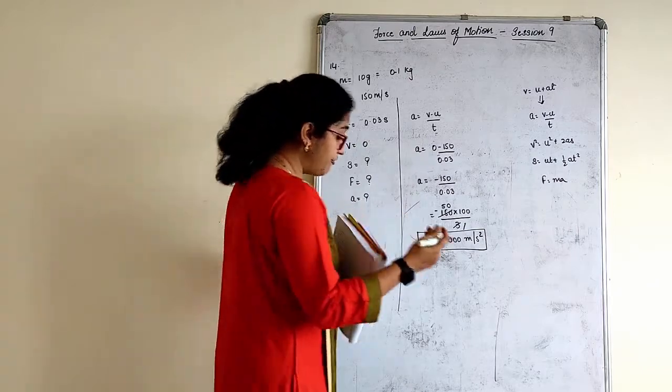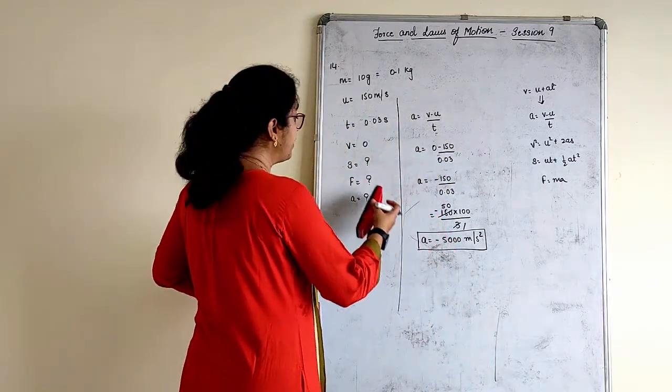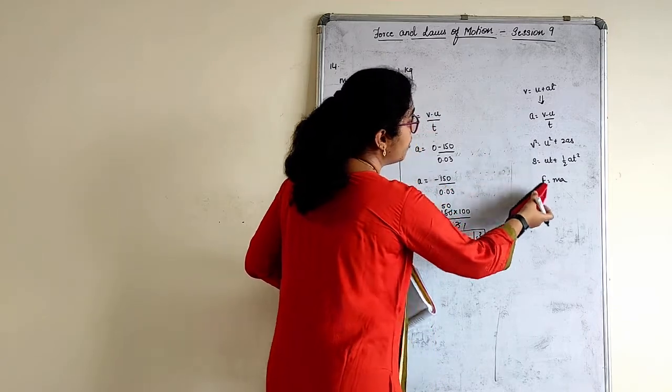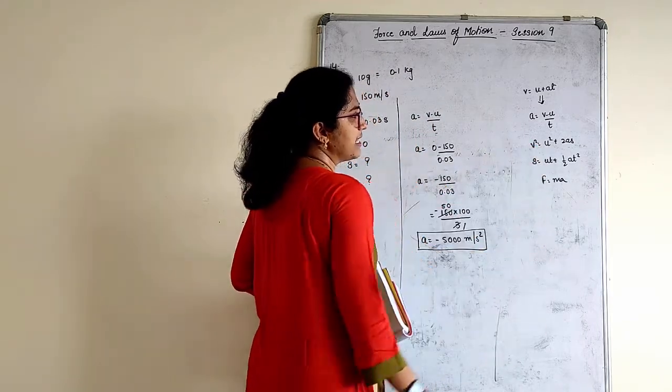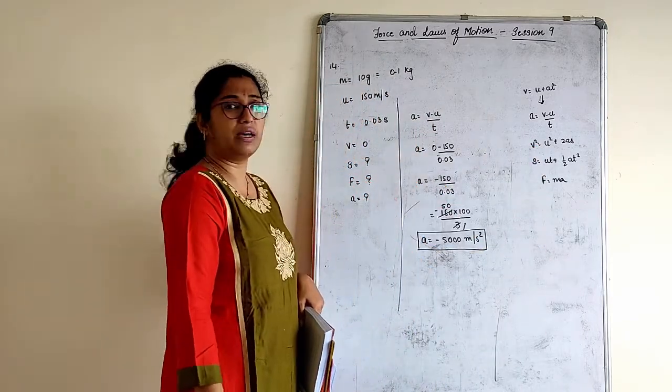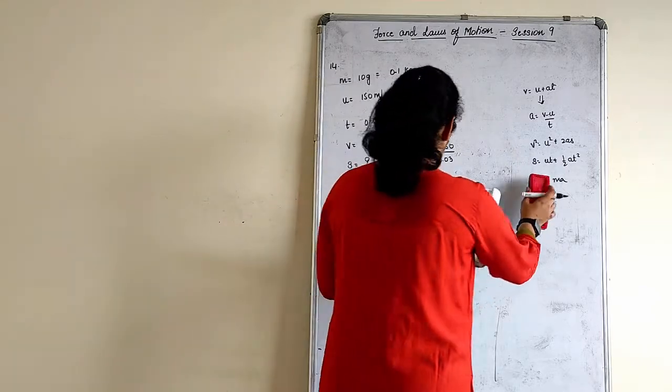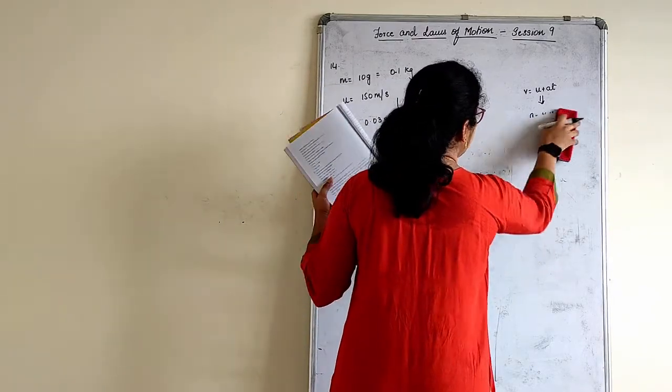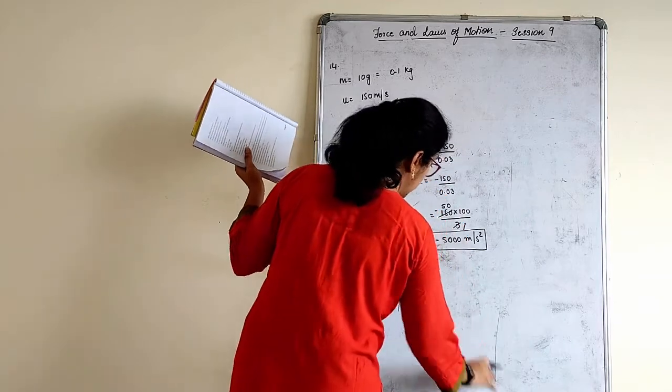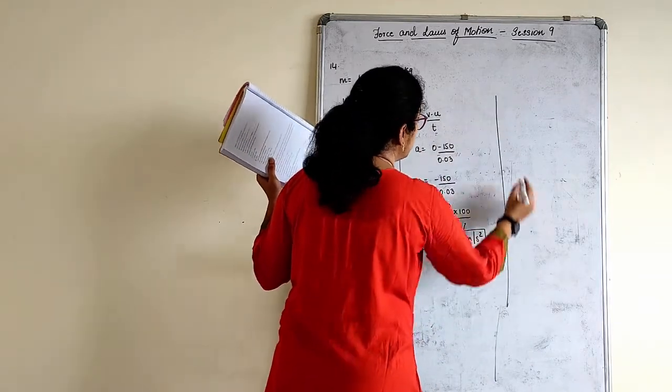So, a we found out. Now next, what do we have to find? s we have to find. Which formula would you like to use? I think the second one, v square is equal to u square plus 2as. Yes, we will use that. And last, using a, we have F is equal to ma.